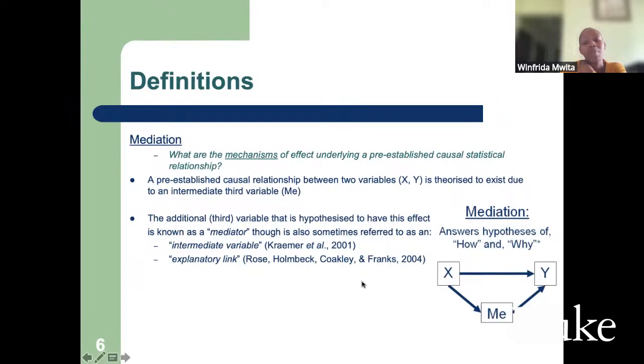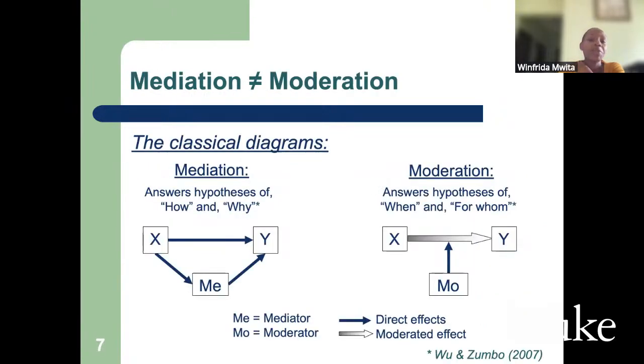Some refer to them as intermediate variable, explanatory link, and the literature could have more names for mediation. So the main difference is that mediation is trying to answer the how and the why of the association that you're seeing, while moderation answers when and for whom it happens.